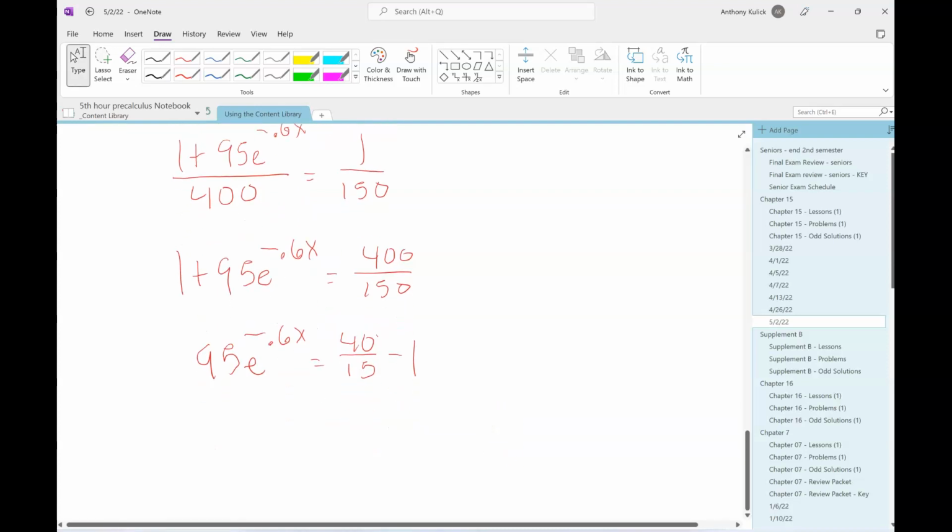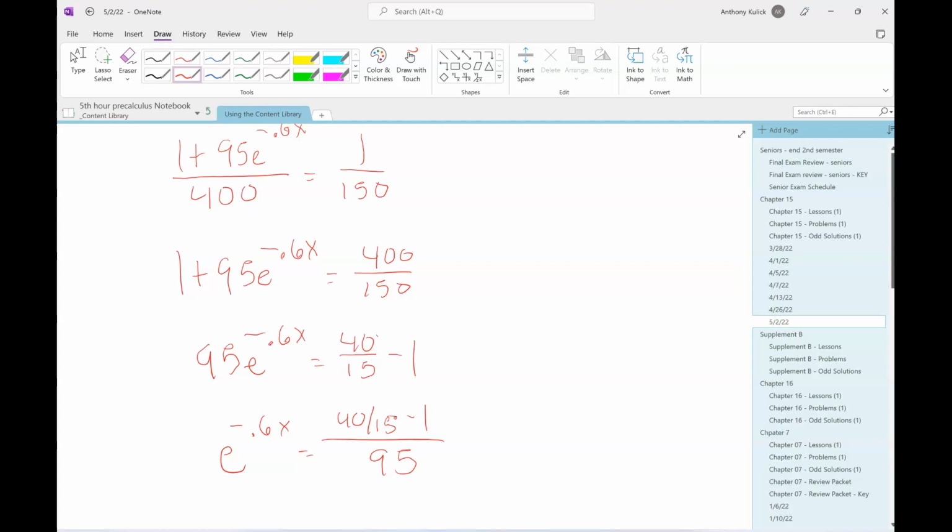Next thing I want to do is divide by 95. So far, so good. And then how am I going to get rid of that exponent base of e? Very good.